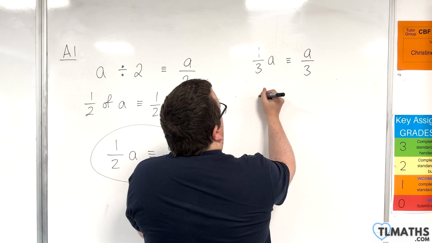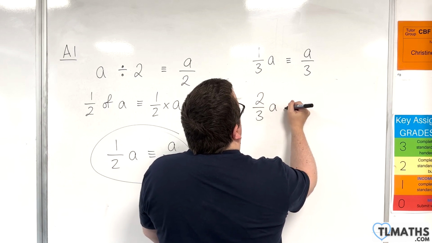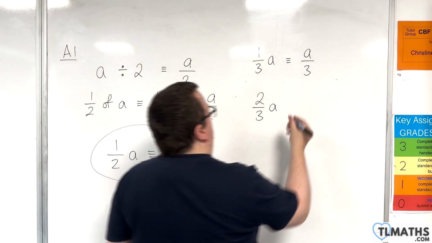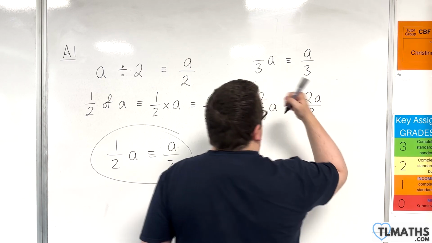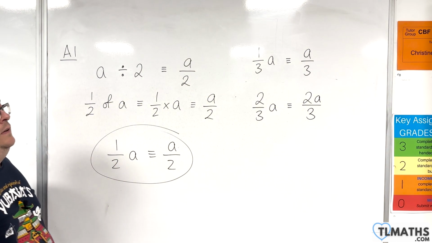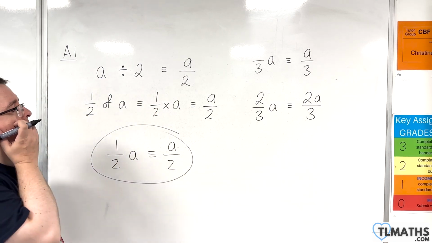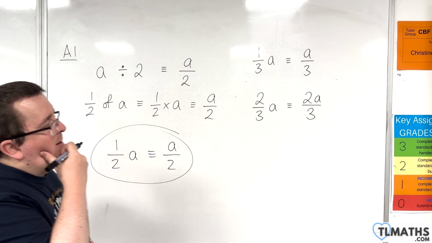If I had 2/3 of A, now how could I write that? Well, that would be 2A over 3. Now, you might be going, oh, now why is the 2 in the numerator now? This seems a bit weird.